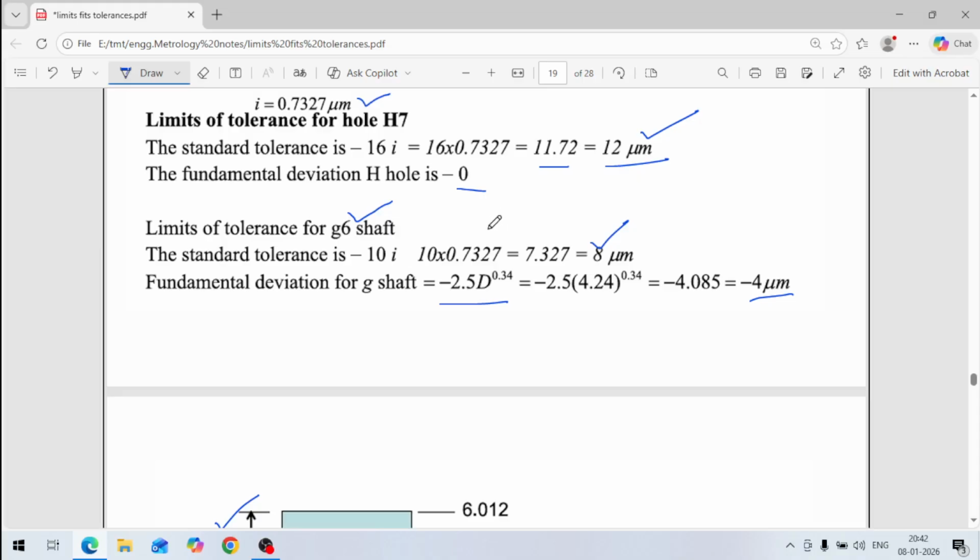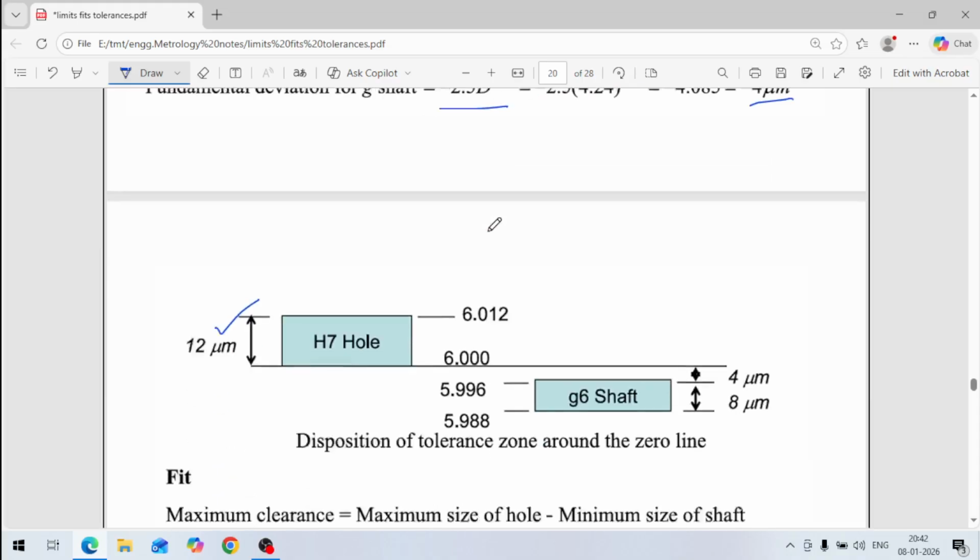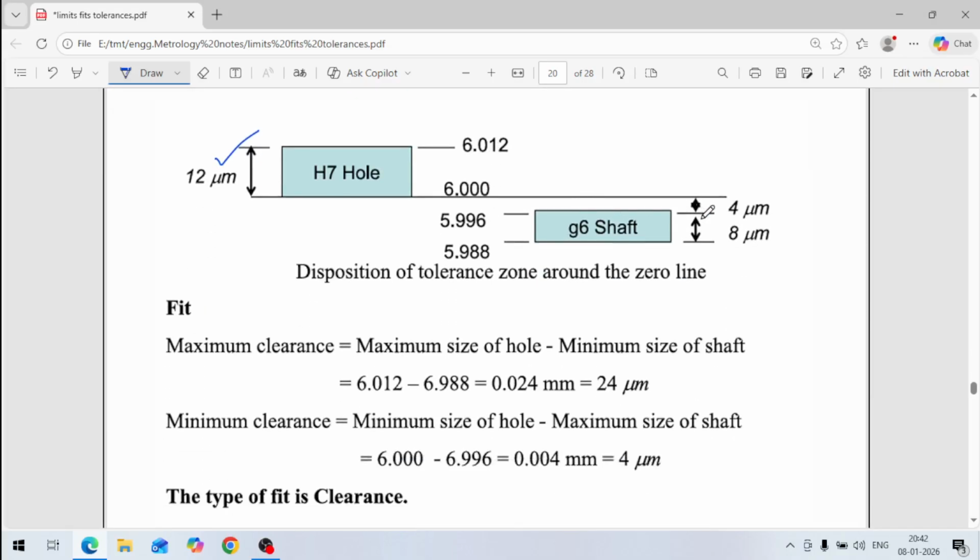How do we represent it on the diagram? Let us see here. So this is minus 4 micron. 4 micron is the fundamental deviation, and then starts the tolerance. And tolerance is 8 micron. So here, this is 8 micron tolerance. So the size becomes this size.